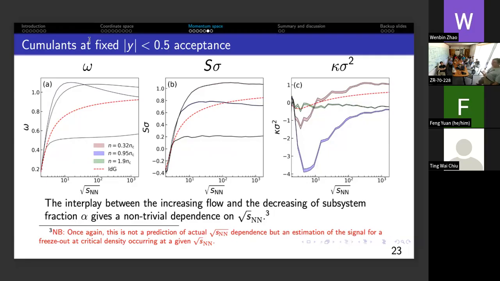The red line is the expectation of the ideal gas at a given alpha, because alpha, the acceptance fraction, depends on the flow parameter or on the square root of s. So this red line shows the ideal gas baseline for each energy.